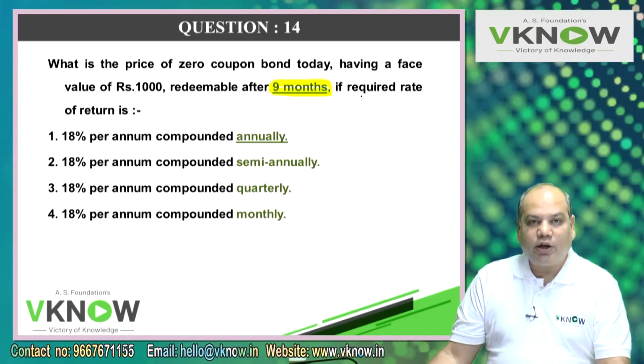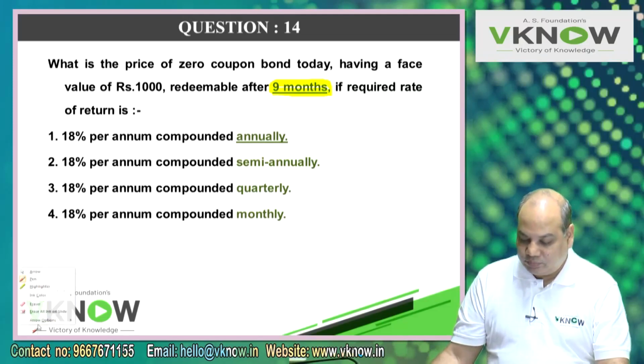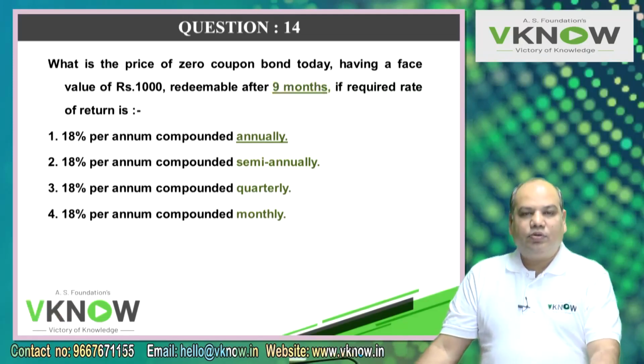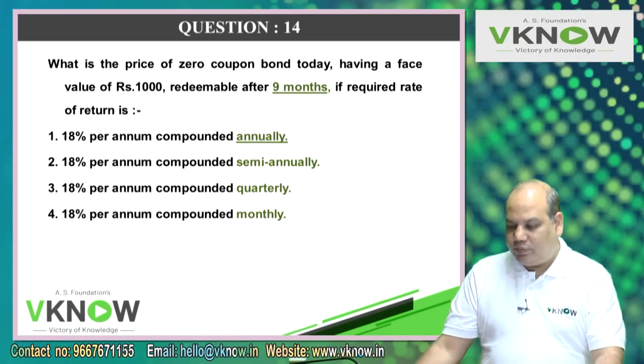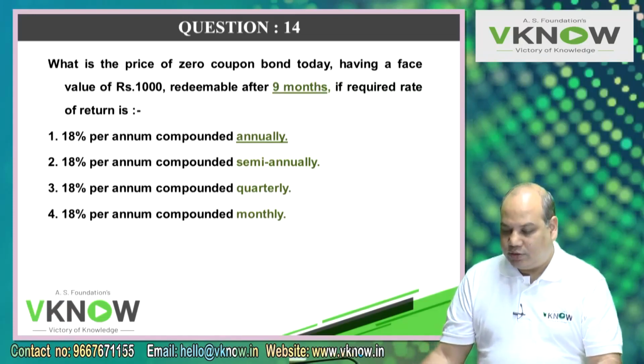If the required rate of return is, and now they have given 4 questions to you: first is 18% per annum compounded annually, then 18% per annum compounded semi-annually, compounded quarterly and compounded monthly. When you studied time value of money, you learned the following.